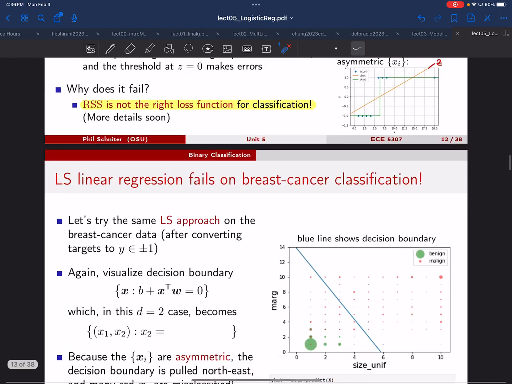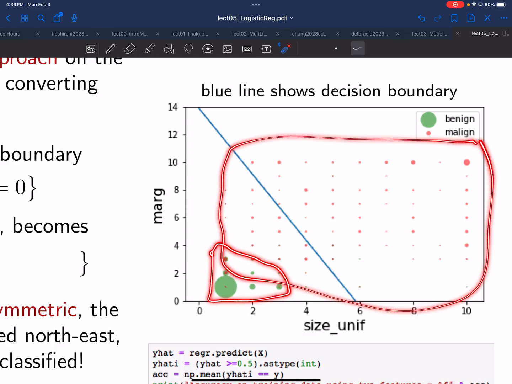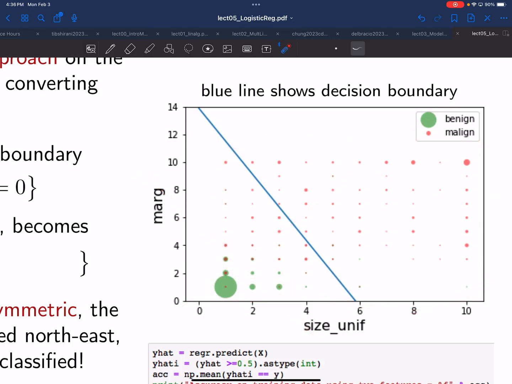So if you look at the breast cancer data set, at least with these two features here, you can see there's something similar going on. The benign labels are kind of squeezed in this region, whereas the malignant labels are spread out here. So it's very similar to what was happening in the 1D case, except it's now in 2D.